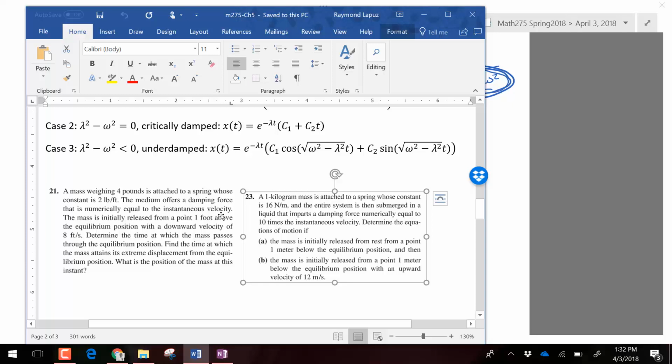What do you guys think? It's good to know how to do both. I don't know. One's in kilograms, one's in pounds.